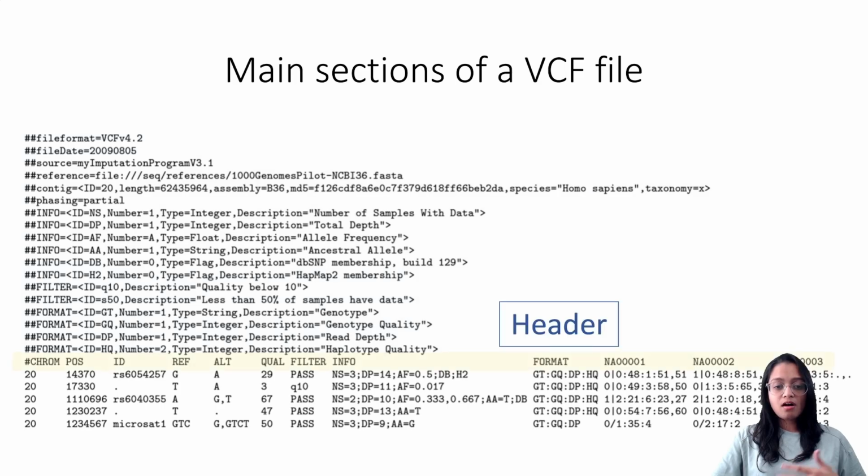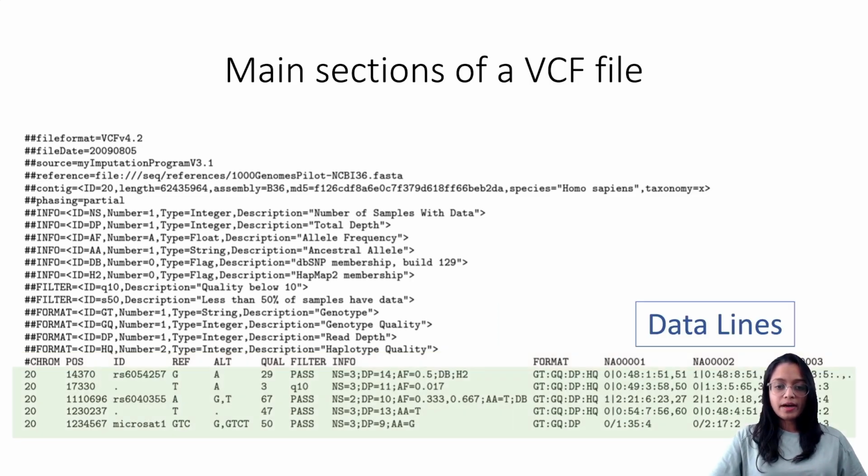The next section is the header section, which is basically a header line, and this line is prefixed by the single hash symbol. And followed by that, we have records. These are data lines, and there is various information that is stored about the variants. We will be going into the details of each of these sections in the following slides.